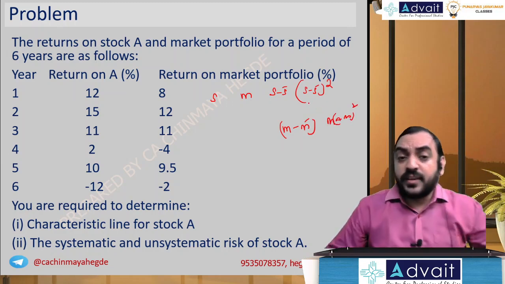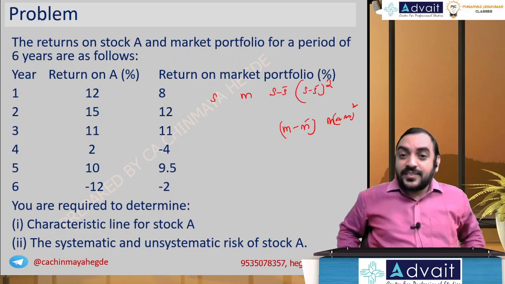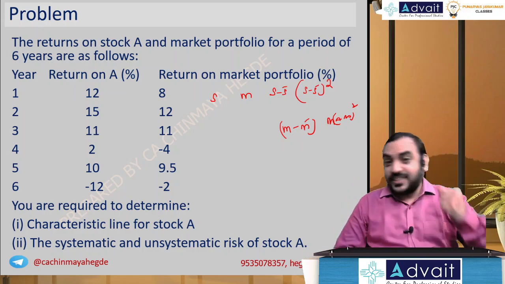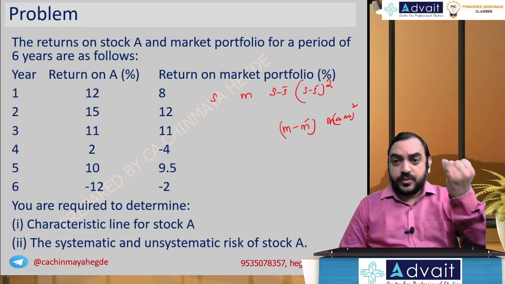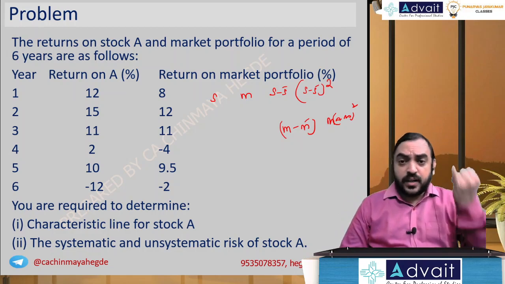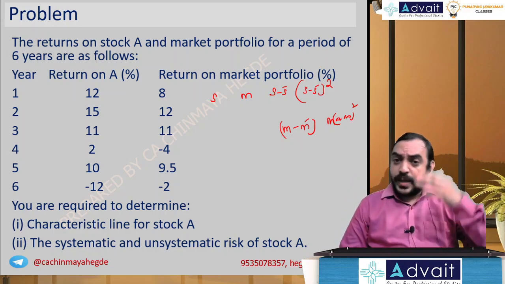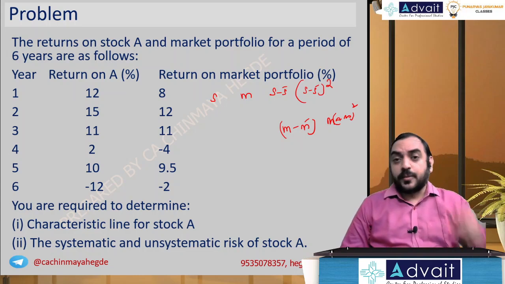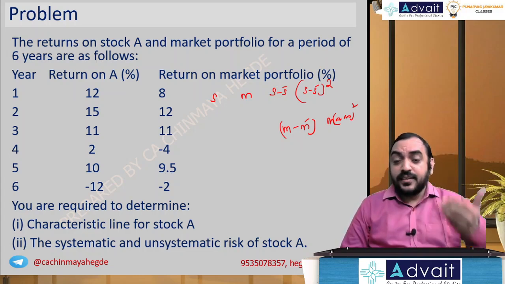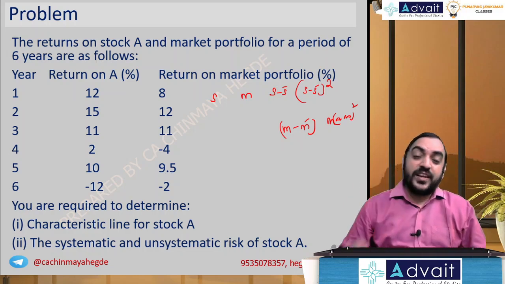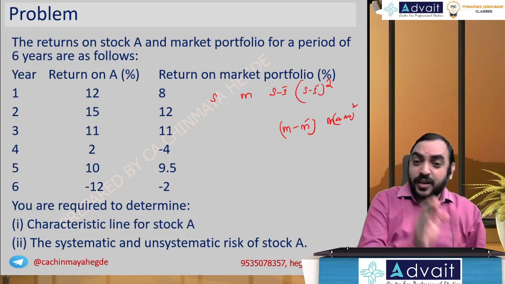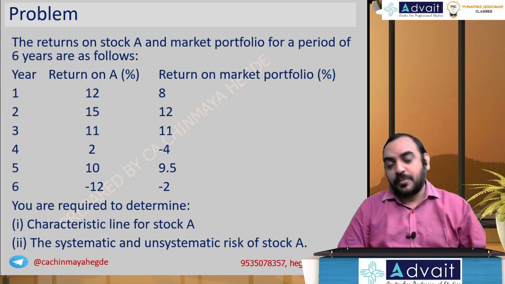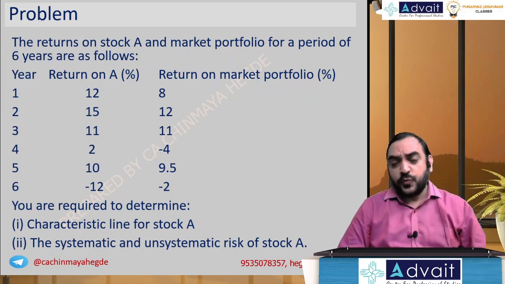And one more column I require. Can you think what could be that? We are done with the basics also. S one column, M one column, S minus S bar square, M minus M bar square. Then one more last column is required, that is for covariance: S minus S bar into M minus M bar. So these are the things which we have to do.